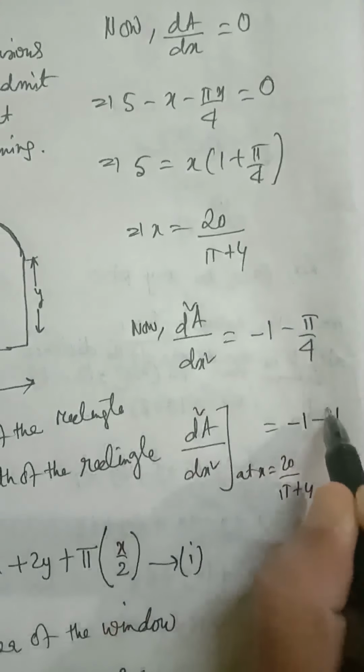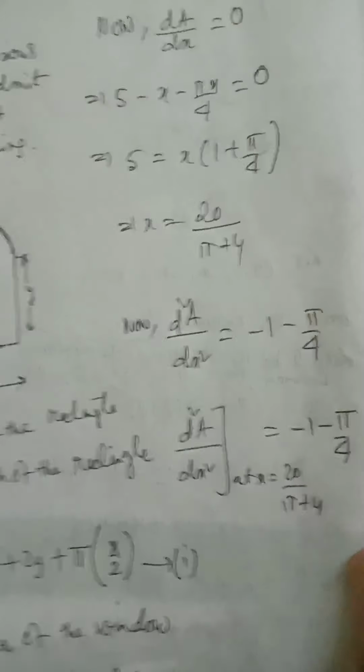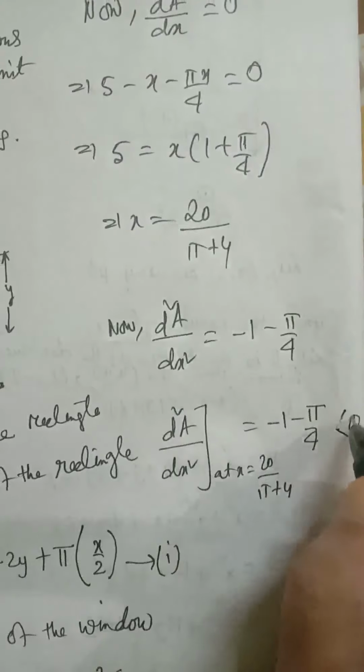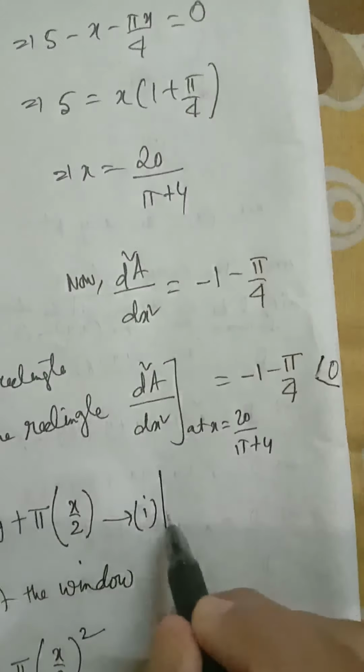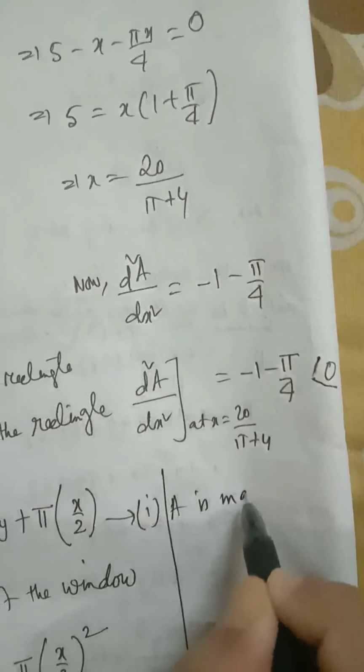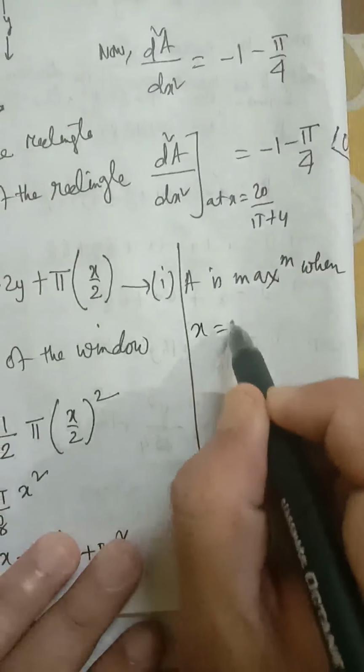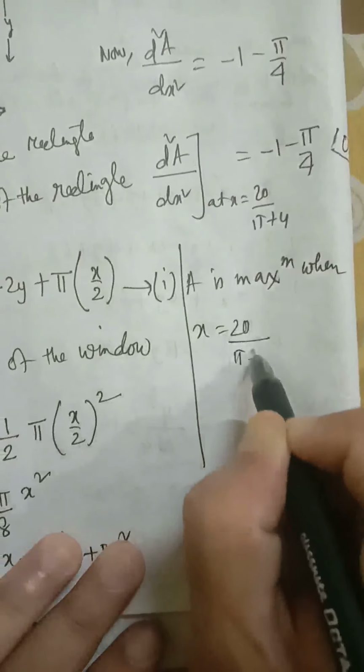Minus 1 minus pi by 4, both are negative, so its value is negative, less than 0. So d2A/dx square is negative, means A is maximum, the area is maximum when x equals 20 by pi plus 4.